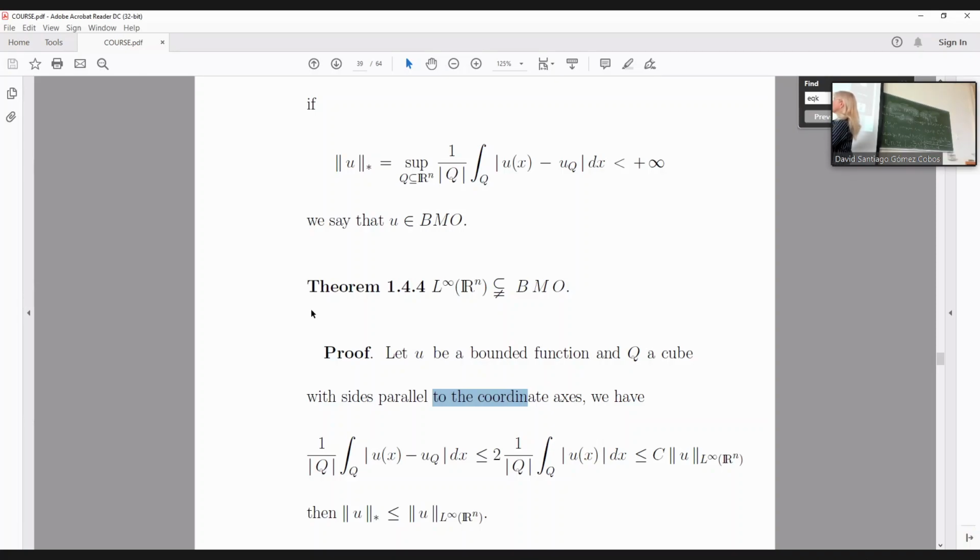Then this is 2 times 1 over the measure of Q, the integral in Q of |u|. 2 times, because one term is this if we put it before the integral. So what we have is a constant and the norm of u in L infinity. Then, if we consider the supremum over the set of cubes in R^n, this quantity is less or equal to the norm of u in L infinity.